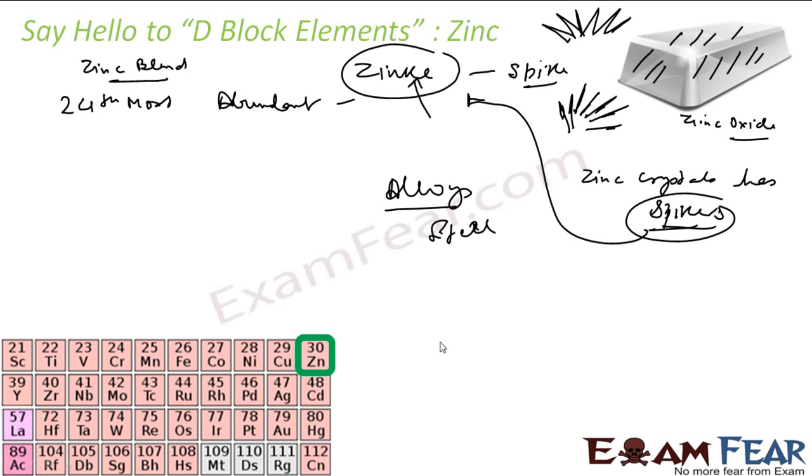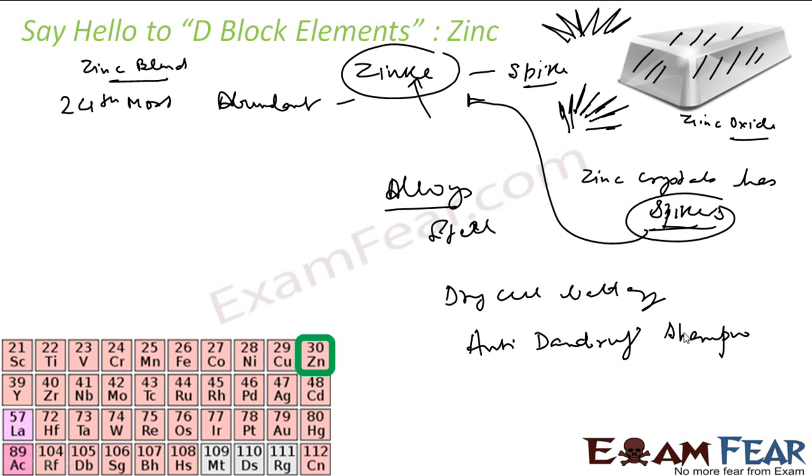It is also used in dry cell battery. It is also used in shampoo. The anti-dandruff shampoo has zinc. In fact, zinc is an essential metal for the body.